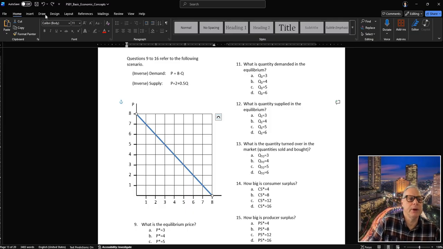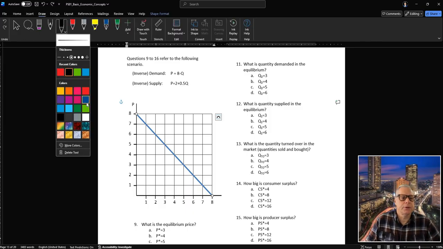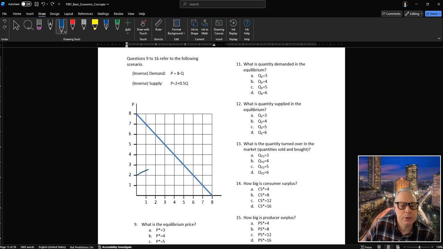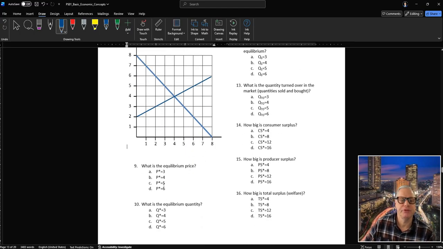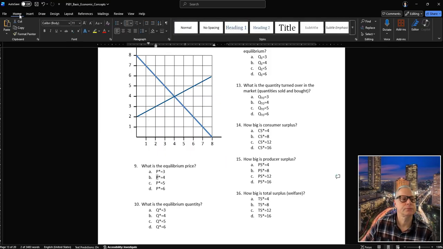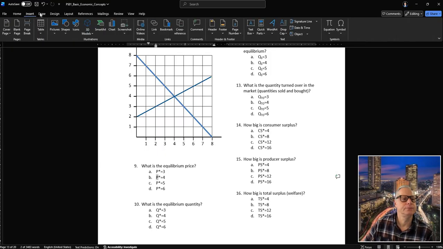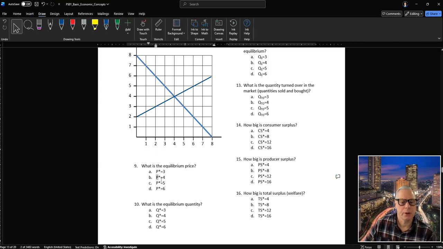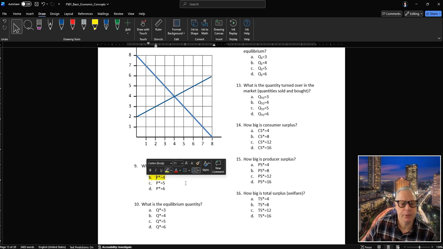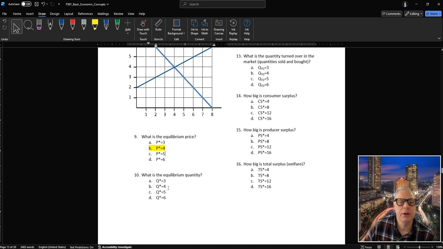Okay, now we have to draw it again by hand. So it starts at 2, but has a slope of only 0.5. So in this case, what is the equilibrium price? The equilibrium price is now 4. Equilibrium quantity also 4.